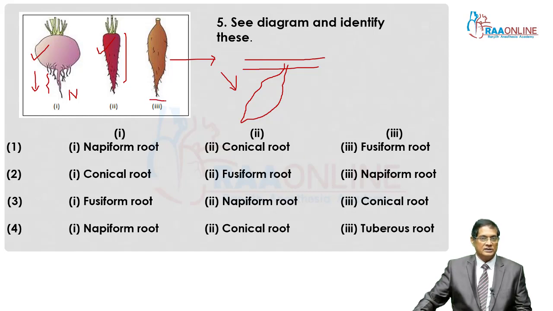So the third one is tuberous root. First modified taproot, second modified taproot, but third is a modification of adventitious root. So the best possible answer is the fourth. First diagram indicates napiform, second conical, third tuberous.